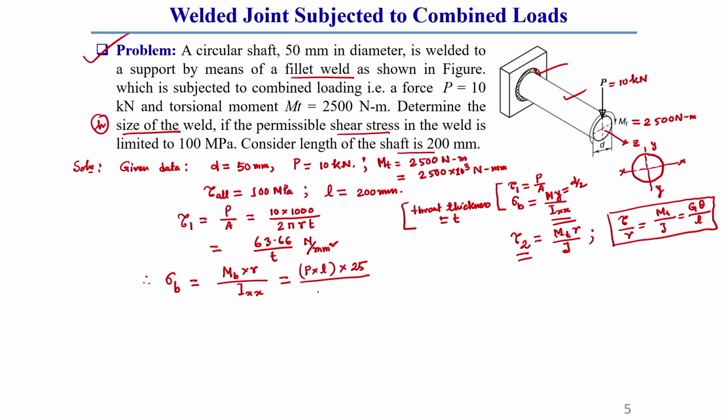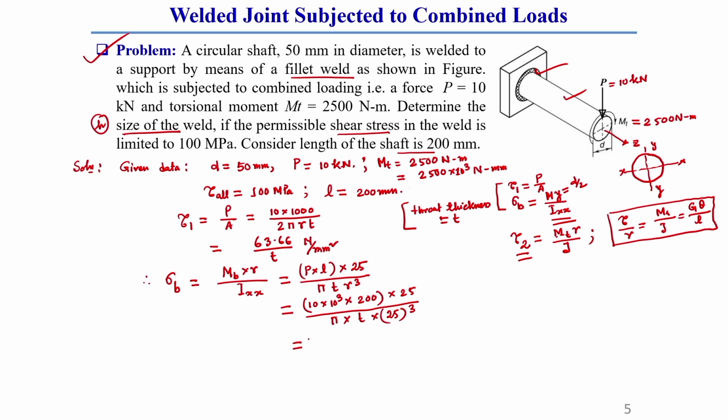Ixx I have already shown how to calculate: it is pi t r cube. If we put in the values, we get 10 into 10 to the power 3 Newton, the transverse load, L is 200 millimeter, into 25, divided by pi into T into 25 to the power cube.